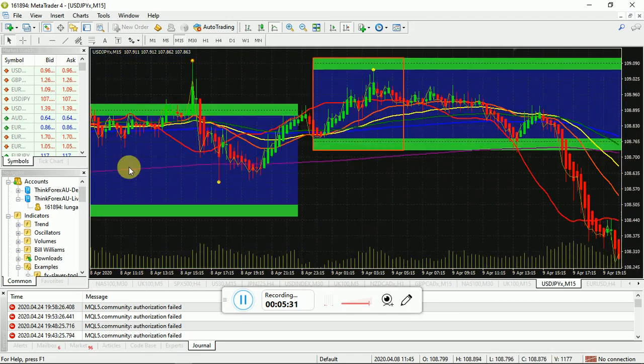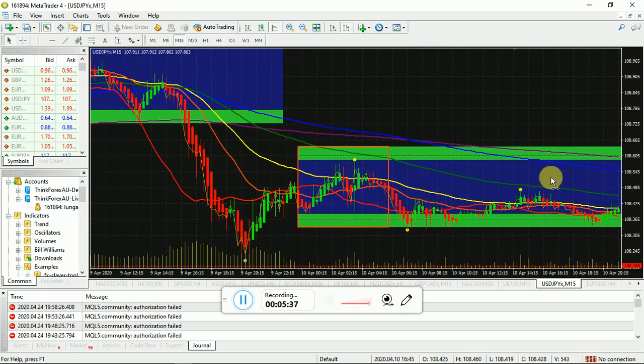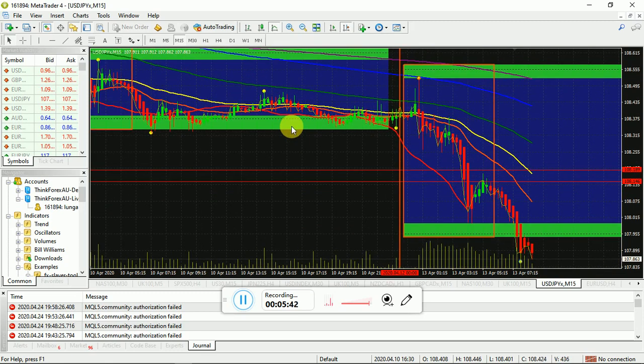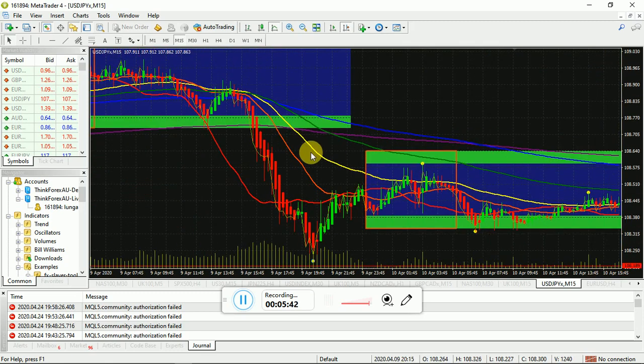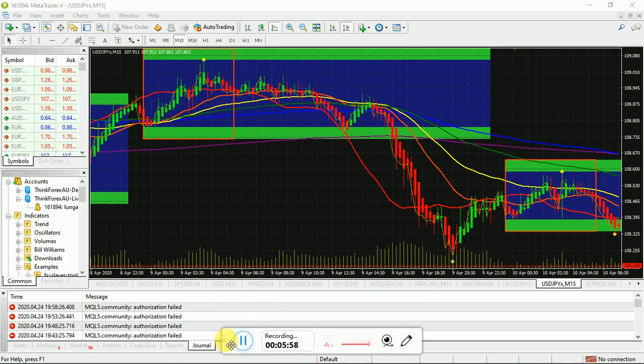It's not exactly the same as what you saw on the other side, but it's very similar. If you look at how this market is moving here, you look at how this is actually working.